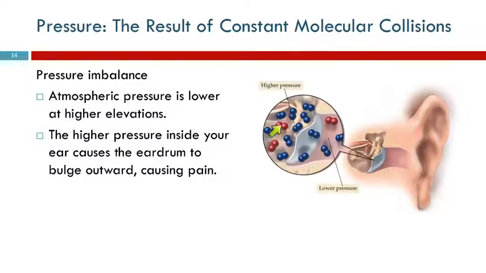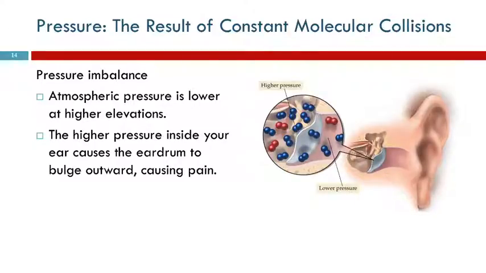The inside pressure is the same, and this is going to cause your eardrum to bulge outward. That may just feel uncomfortable, or if you have an ear infection, that could be really, really painful. And this is why babies tend to scream on airplanes, because their eardrums are bulging and it hurts. Well, how do we resolve that? How do we keep our eardrums from bursting?